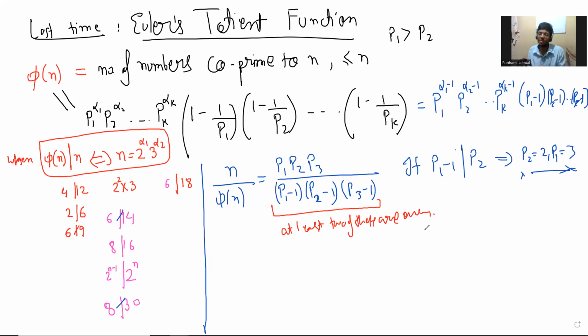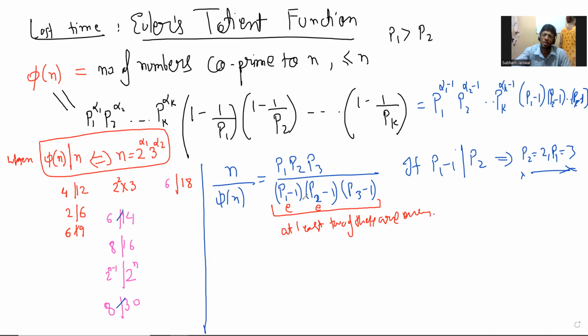The other two are odd primes. So this is even, and this is even. Then we have two twos, right? We have 2 squared in the denominator, but 2 squared cannot be there in the numerator. It's impossible, right? So again, it means that you cannot have a third factor. But obviously this reason has to be given, otherwise it's incomplete, or some other reason.